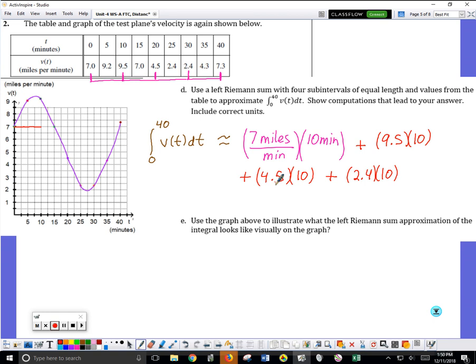We're averaging the left and right. So we get this new velocity that's representative of the entire time period. It's the average of the left and right velocities. I'll show you that in a second. Good question, 2 points. So you average left and right and divide by 2. That's what goes here. Still multiply by 10.